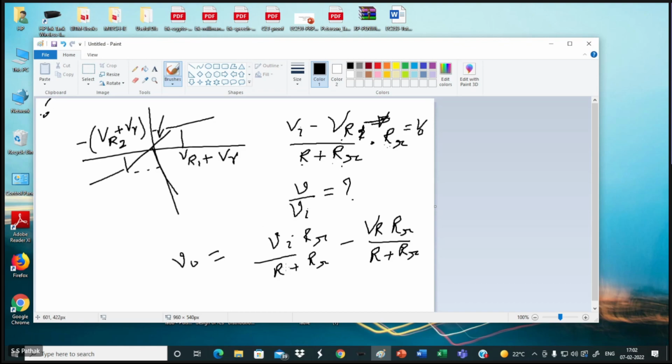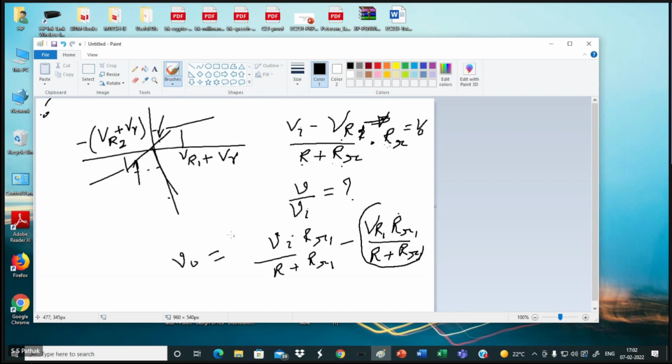It will have a slope of RR by R plus RR. This is the offset on the y-axis. It will be going like that. It may not pass exactly through the 0 point, so you can check according to the values. So V naught here will be like that, and here it will be the same thing. It was your RR1, VR1.